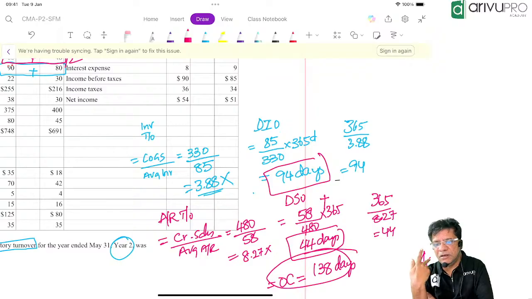If your competitor is doing everything in 100 days, then there is some problem with us. We are taking 38 days extra. That means we are having some issues.